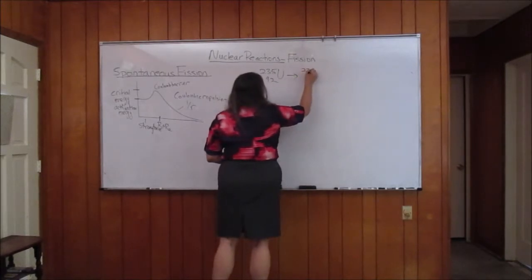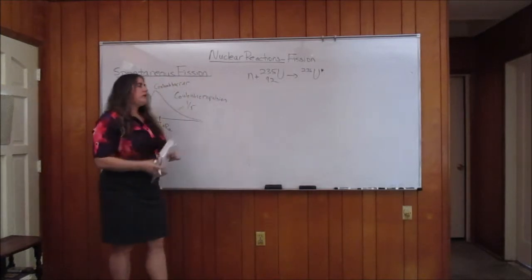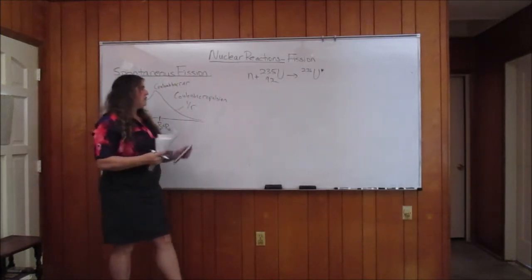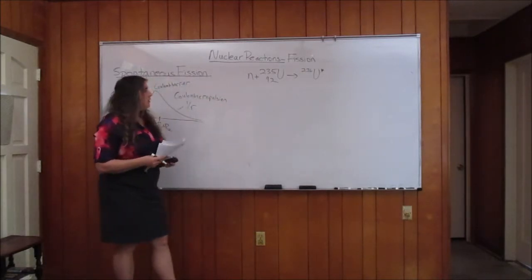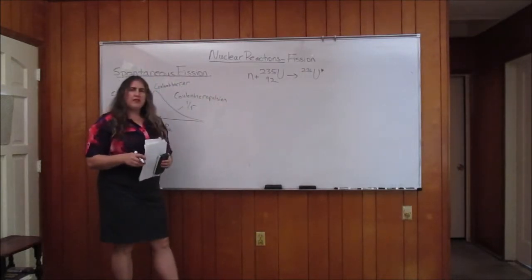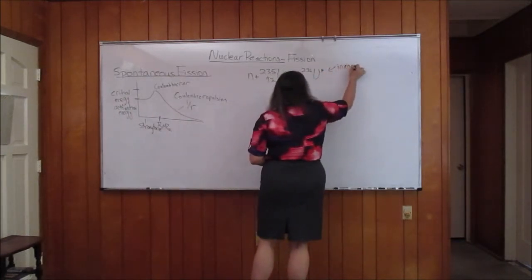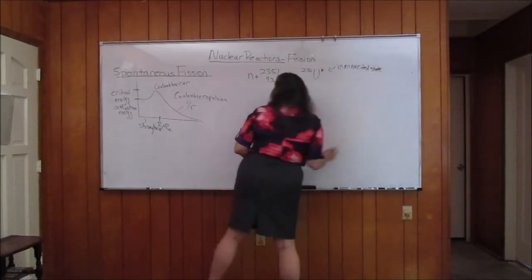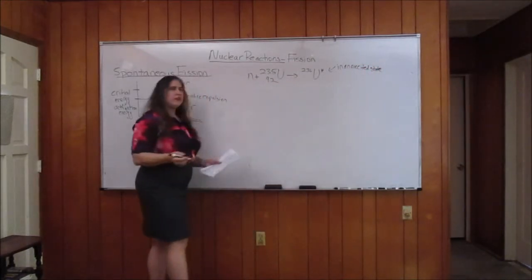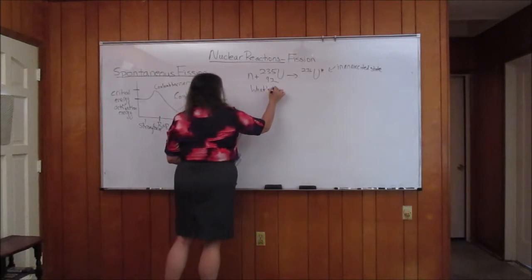And therefore, those two quantities, I don't want to say particles, but the nucleus and the neutron together will form a compound nucleus, uranium-236, and it will be in an excited state. Calculate how much energy is associated with the excited state. So what's the excitation energy?